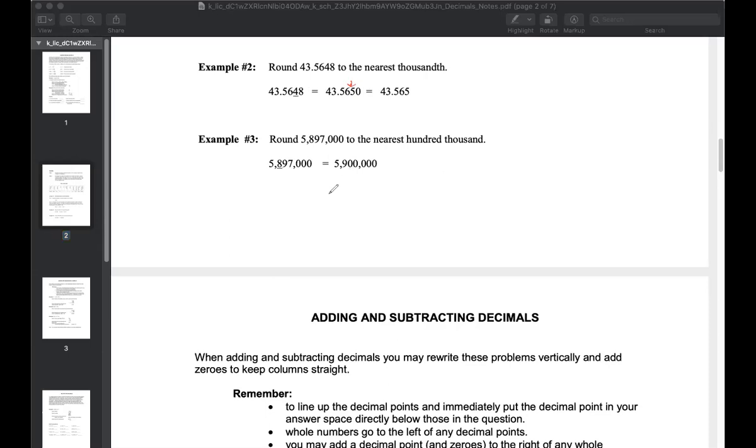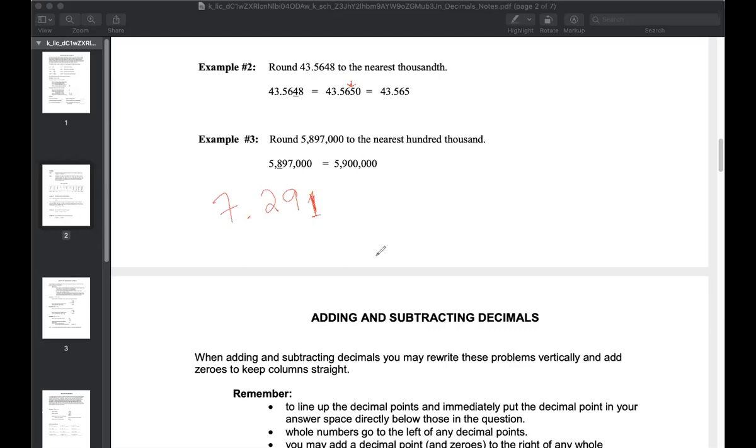So that's really all there is to rounding. Let me give you guys an example. Let's see if we can do it. I need you to round this number to the nearest tenth.